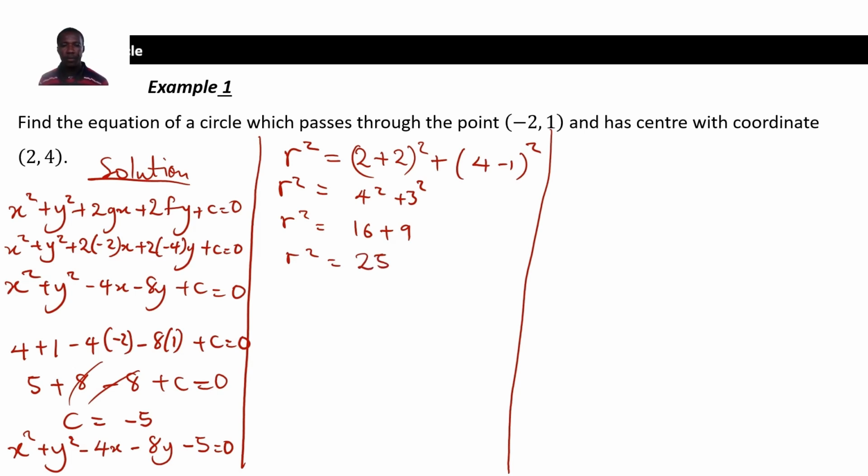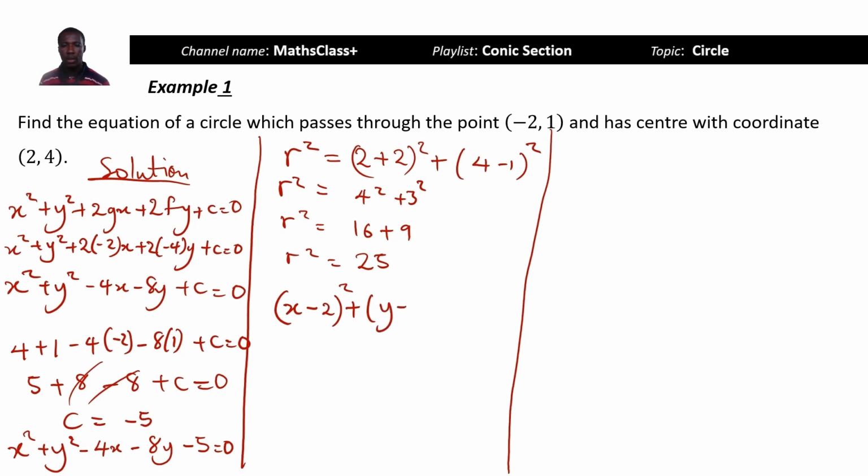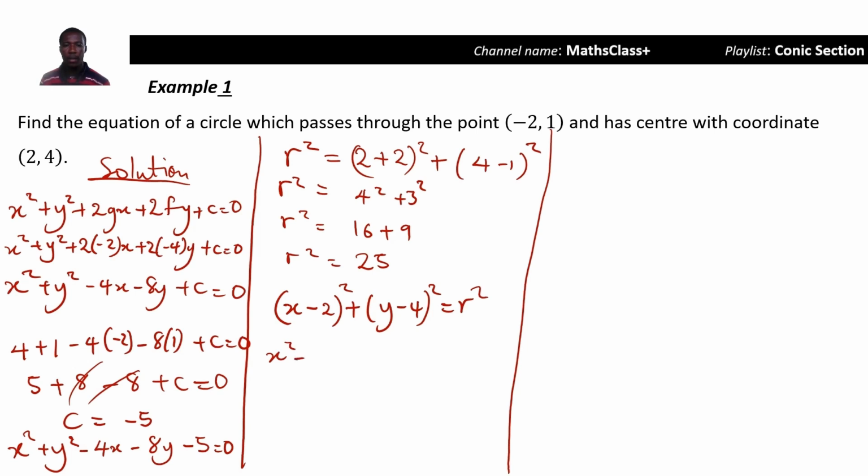Now from here we can also find the equation by using the first principle, that is x minus the center squared, and then y also minus the center squared is equal to r squared. Then if we simplify, we have x squared minus 4x plus 4 plus y squared minus 8y plus 16 is equal to r squared, which is 25.